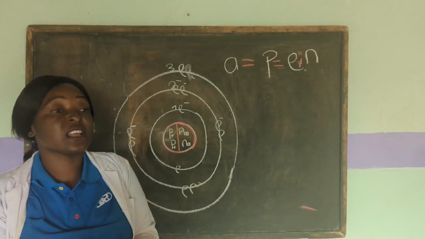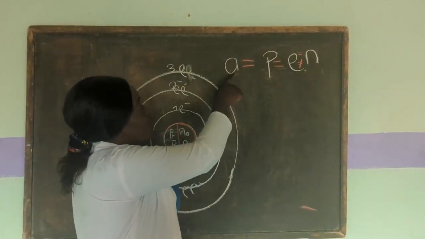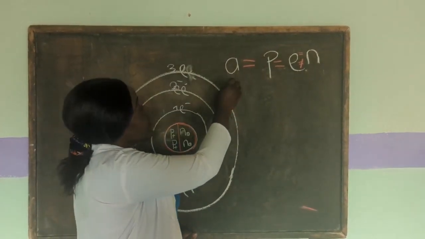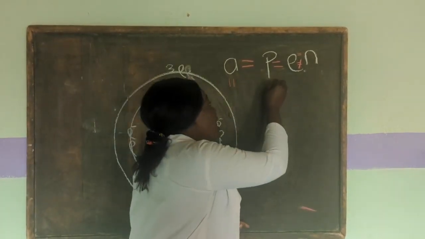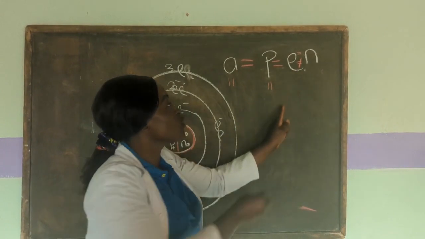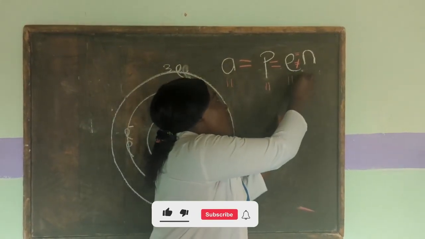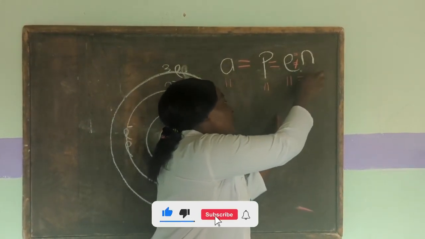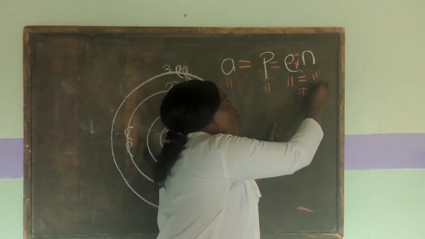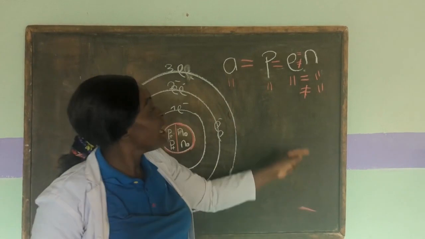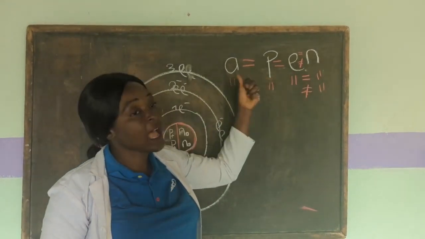Let's take for example sodium. The atomic number of sodium is 11. So the number of protons in sodium should be 11 as well, and the number of electrons should be 11 as well. But the number of neutrons might be 11 as well as it might not be equal to 11. So we need to calculate to make sure that the number of neutrons applies here.